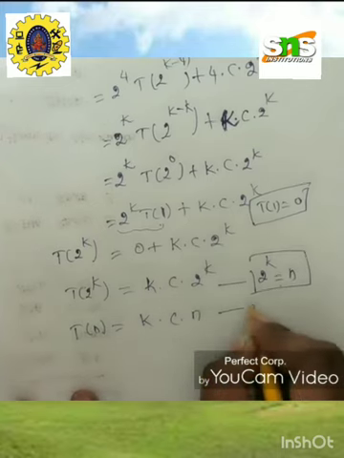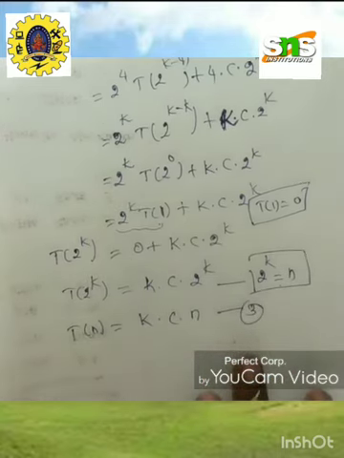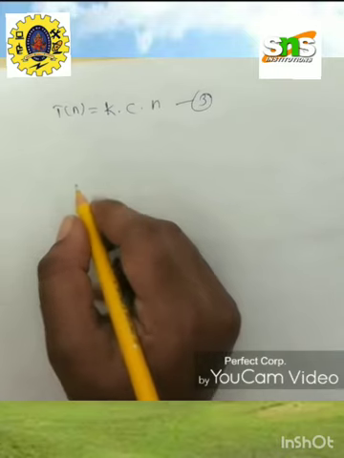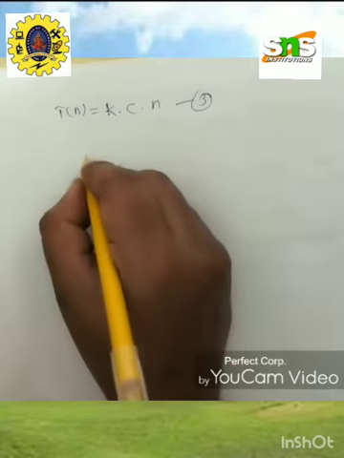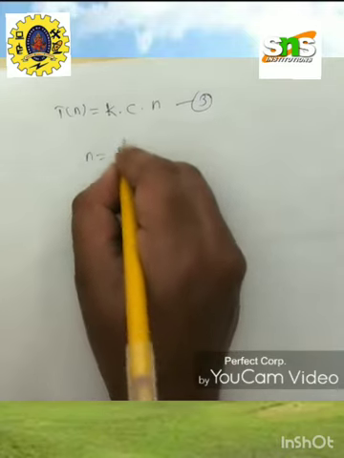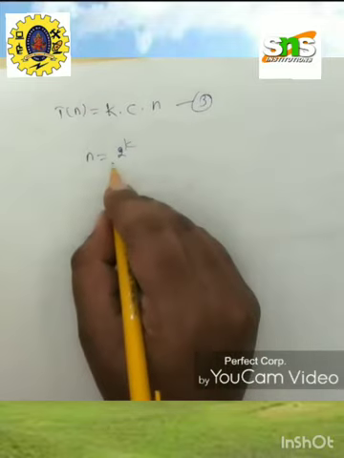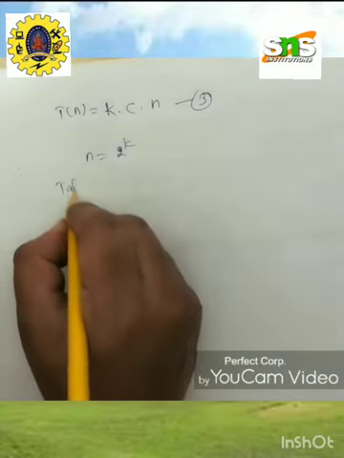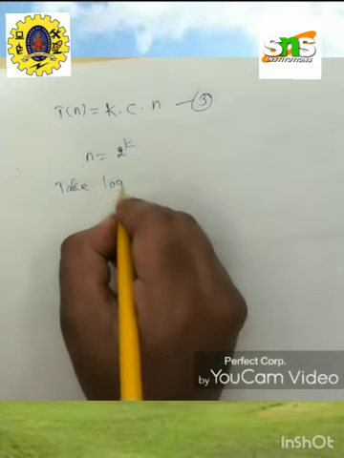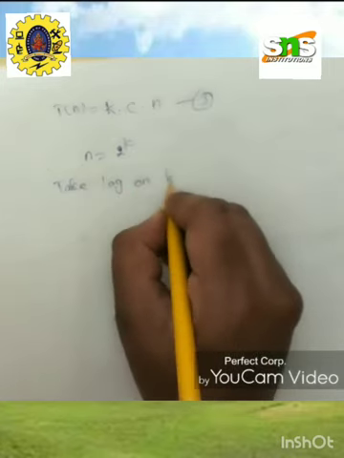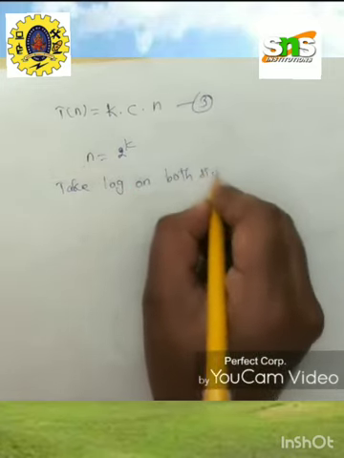Take this as equation 3. Next, take n equal to 2 power k. So we substitute n equal to 2 power k, and here we take log on both sides.